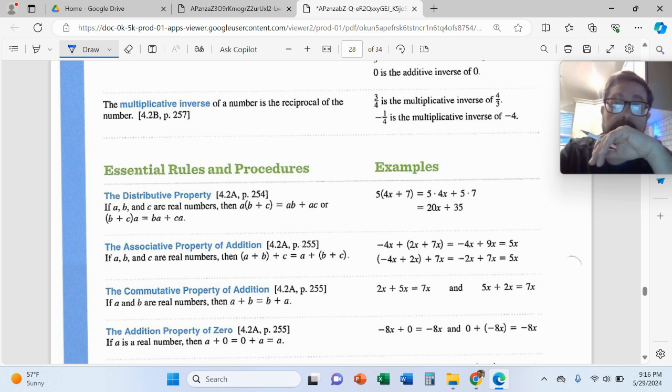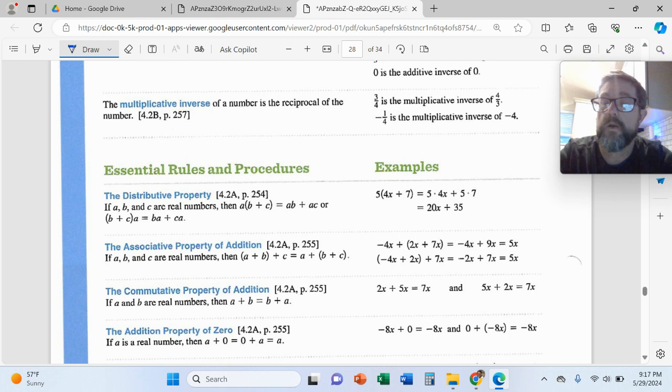The multiplicative inverse of a number is the reciprocal of the number. So if we're trying to divide a fraction, we multiply it by the inverse, the reciprocal.